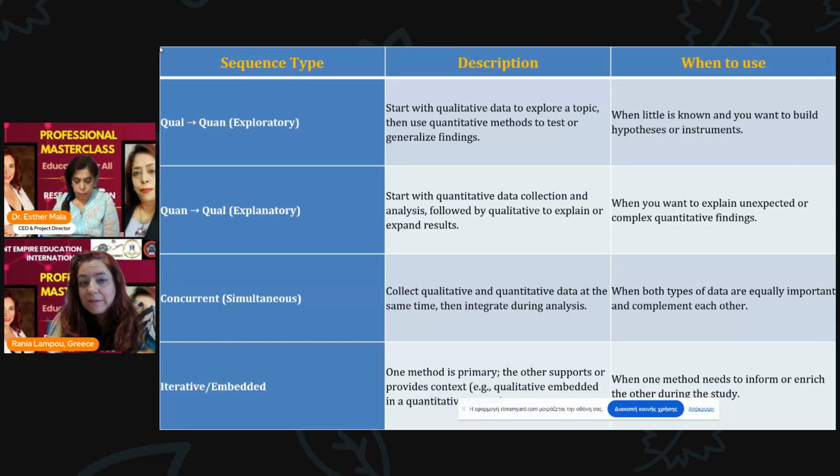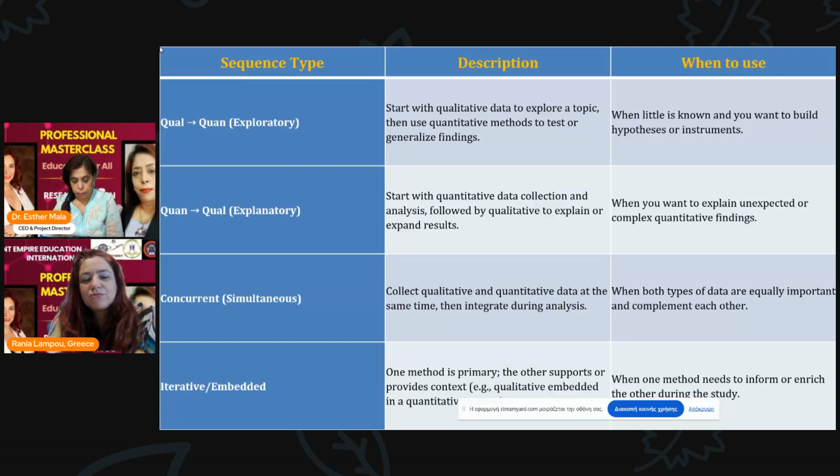So here we have the sequence type, when to use it, and the description. Exploratory: this starts with qualitative data to explore a topic. Then you use quantitative methods to test or generalize findings. With explanatory sequence type, we start with quantitative data collection and analysis, followed by qualitative to explain or expand results.